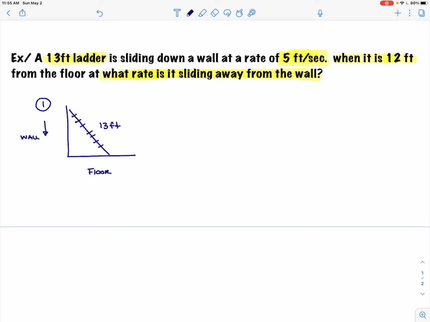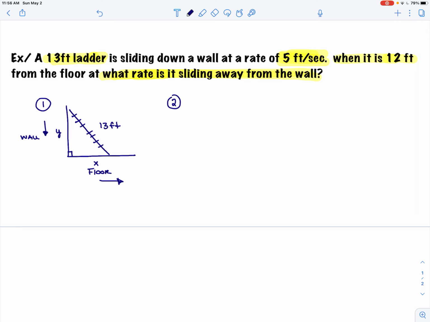It's sliding down the wall, and when it goes down the wall, it's going to slide across the floor. Okay? And we can call these Y and X, just because they are in the X and Y direction. And then walls and floors are usually 90 degrees, so I'm going to put that in there. Okay? So that's a pretty good diagram with variables and constants labeled.